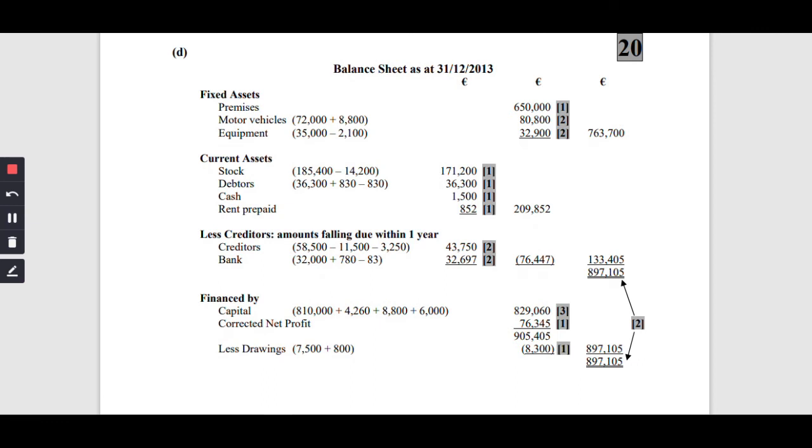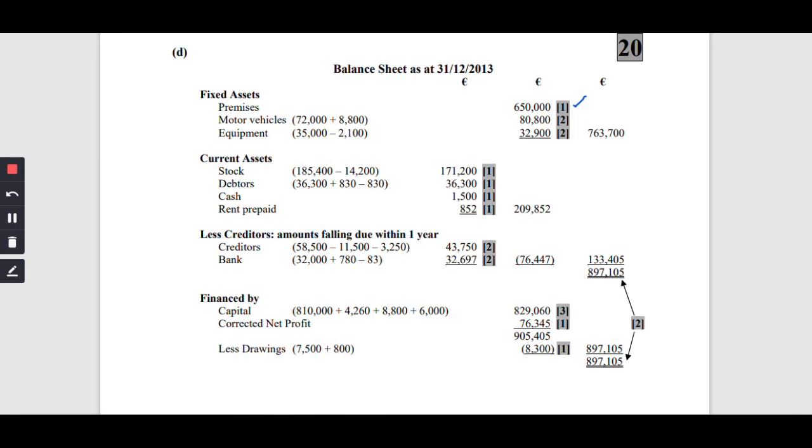Okay, so here is the balance sheet done out for you. You're basing it on the balance sheet above from the question. You'll see here, premises doesn't change, so it's 650. Motor vehicles and equipment do change.